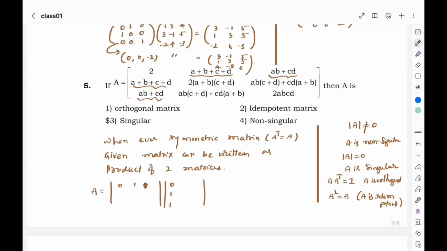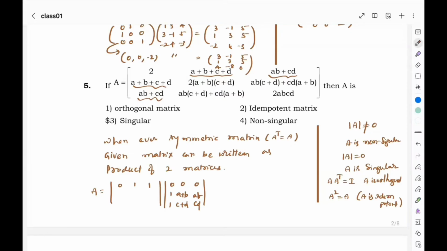So 0, 1 plus 1, 2 I get. Here I'll make it 0. I'll write A plus B, C plus D. 0, 1 into A plus B, this one is 1; 1 into C plus D gives the second element. I get here 0, A, B, C, D. 0, 1 into AB, CD.